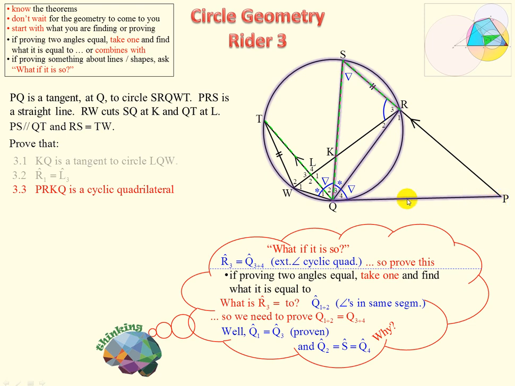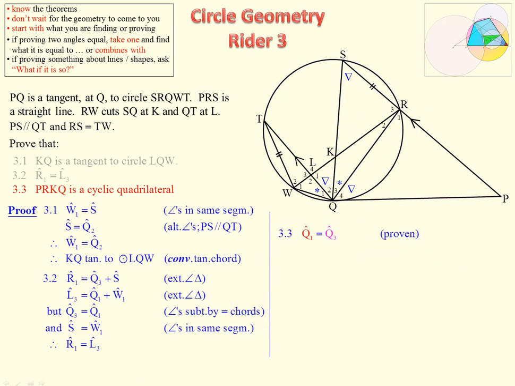The blue shading shows you a tangent, a circle, a chord, and an angle in the alternate segment. There we are, angle in the alternate segment. Q4 equals S. The green lines show a Z. In other words, these parallel lines with the alternate angles, and that's why Q2 equals S.